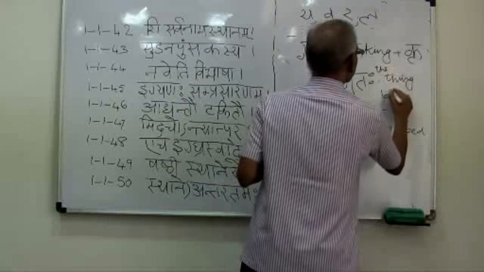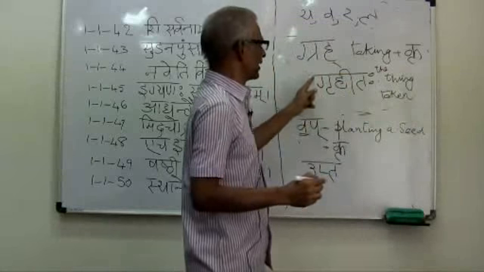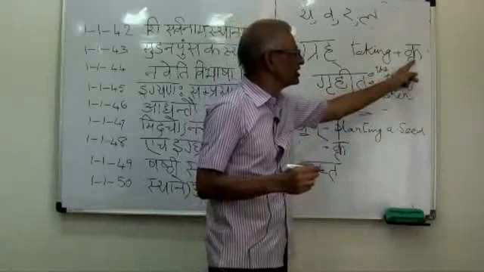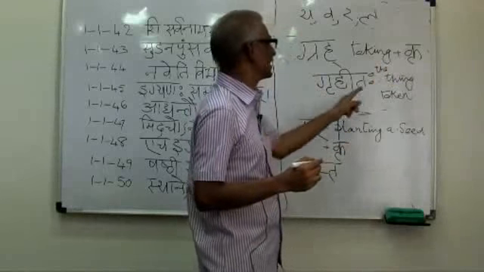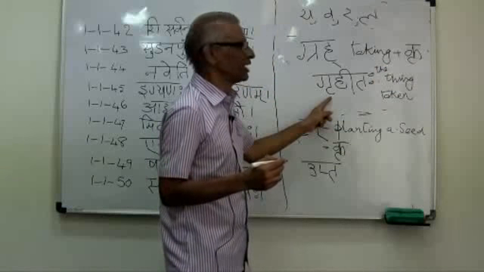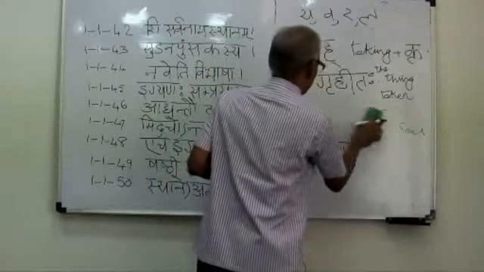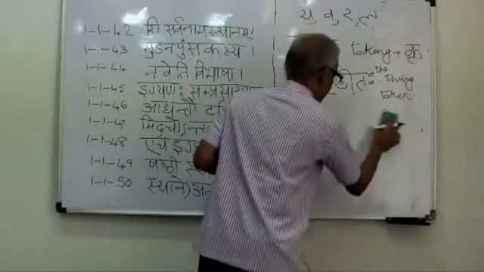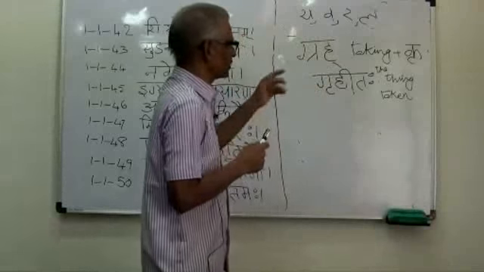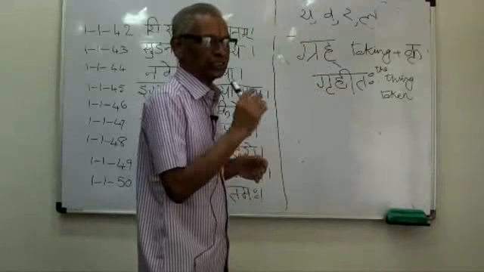When the pratyaya kta is imposed on this graha dhatu, it becomes grihitaha. There, in the place of refa, this rikara is taken. So this is a samprasaranam. We have got a good number of rules regarding this samprasarana, and in due course we will be learning more and more about it.